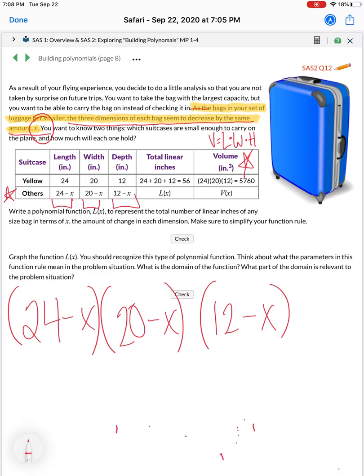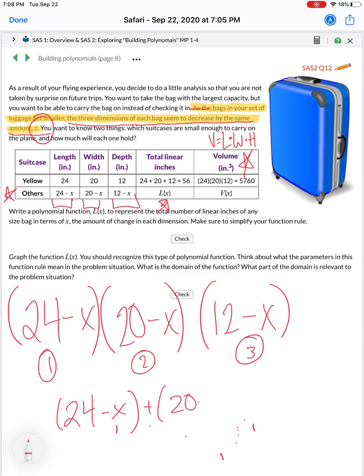Let's see. Write a polynomial function, L of x, which is total linear inches, to represent the total linear inches of any size bag in terms of x. Make sure to simplify your function rule. So this is the first measurement, the second measurement, and the third measurement. If I want to find the total linear inches, I am going to have to add all three dimensions.